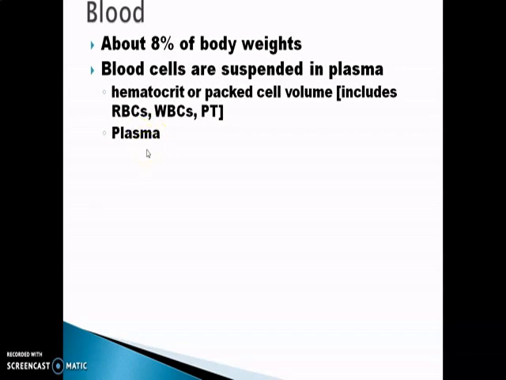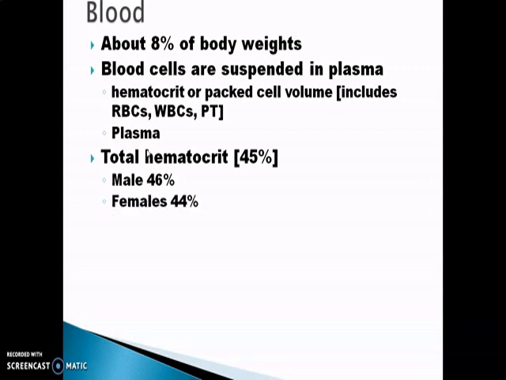So the total hematocrit, or the cellular portion in total blood, comprises around 45%. This 45% is an average, but in males and females it is slightly different. In males it's around 46%, and in females it's around 44%.